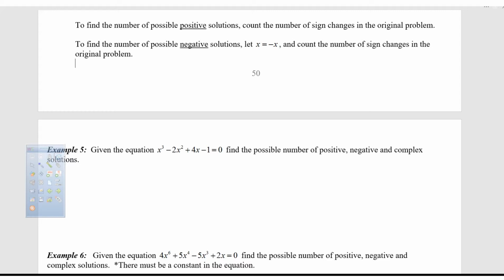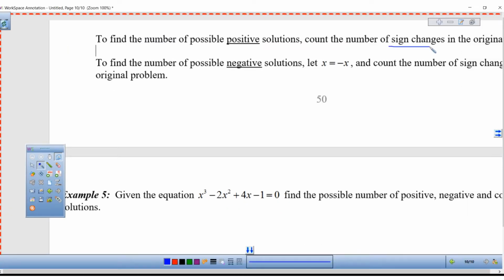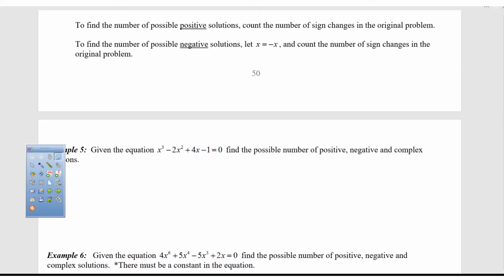So you can start figuring out how many solutions you have, how many are positive, how many are negative, by analyzing the equation, basically, okay? So to find the number of positive solutions, you count the number of sign changes in the original, okay?